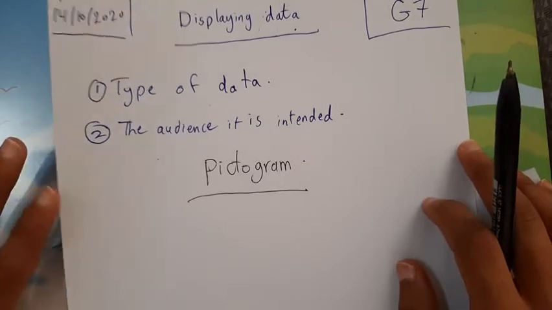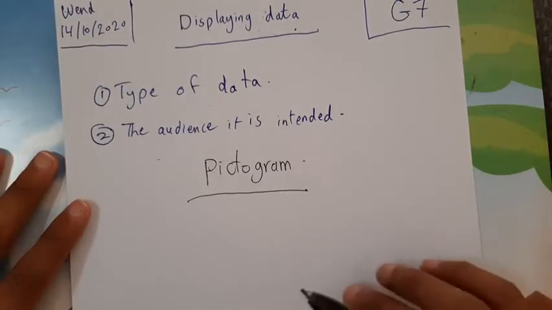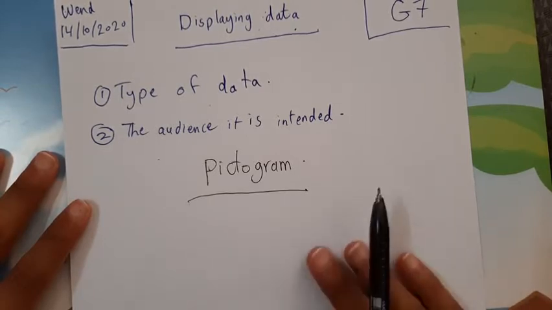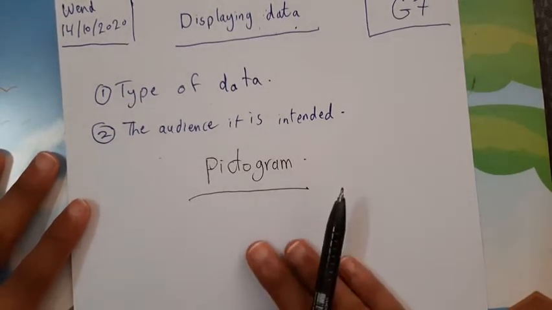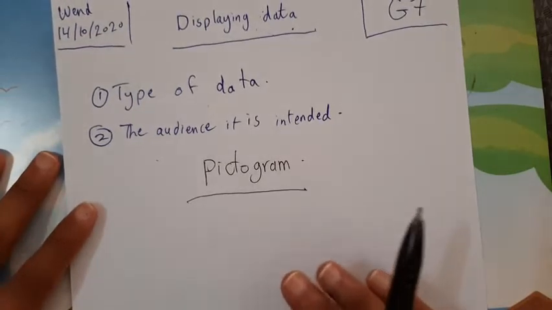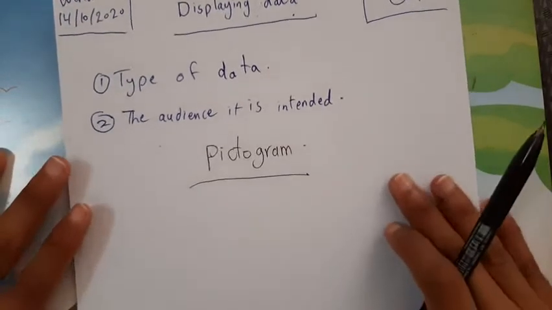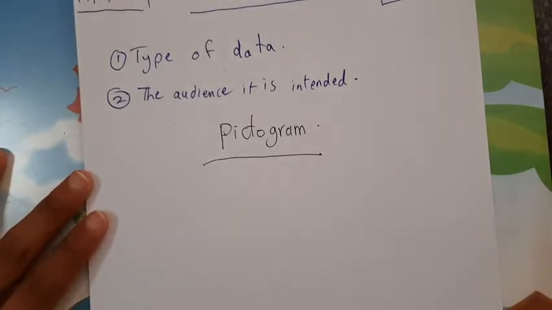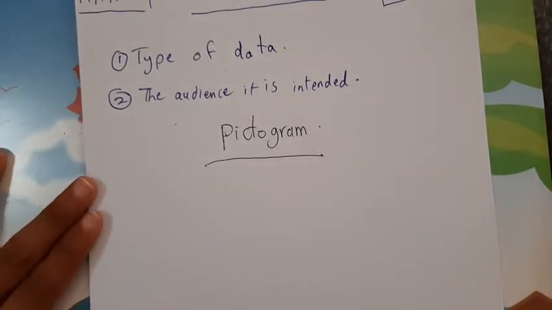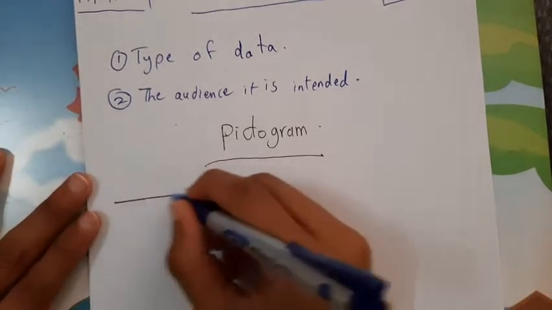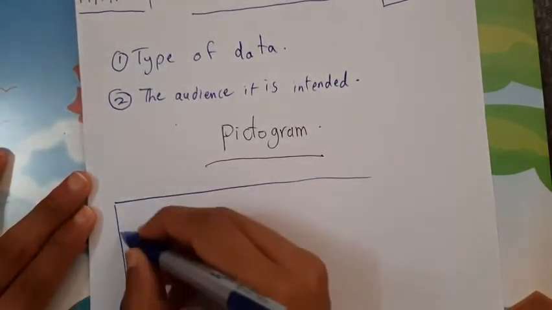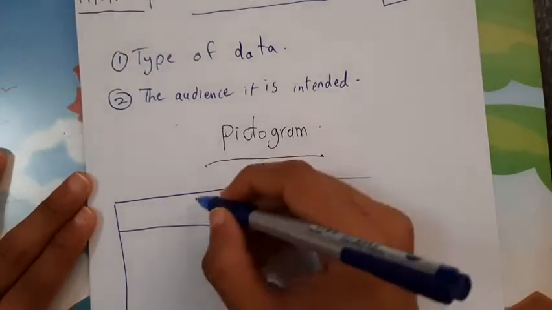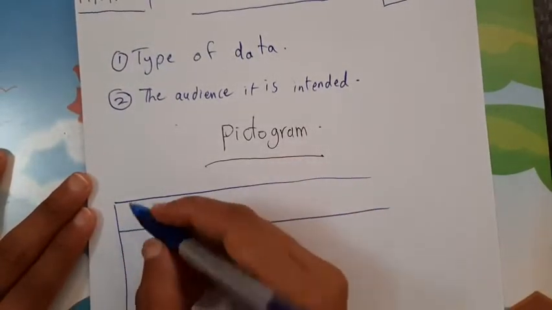Do you remember that example? If you didn't attend the previous video, you have to attend it, because this example depends on that example we already studied yesterday. So I'm going to use a pictogram to display, which, as we said, means to show others the data that we collected.